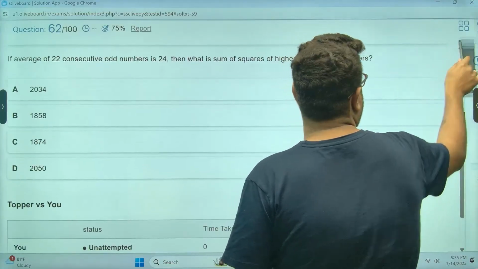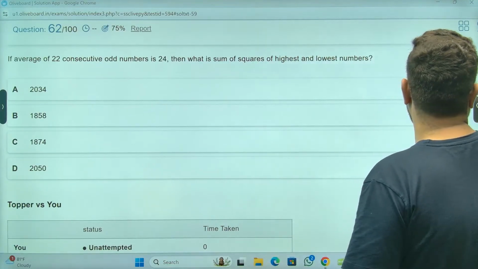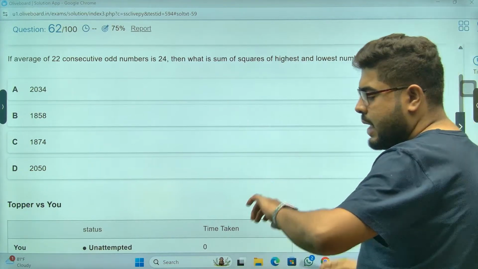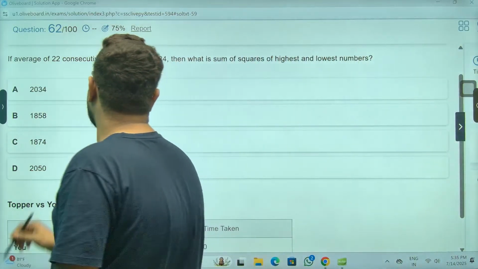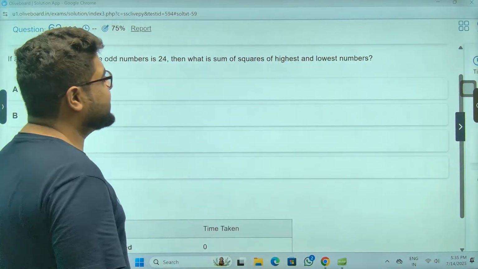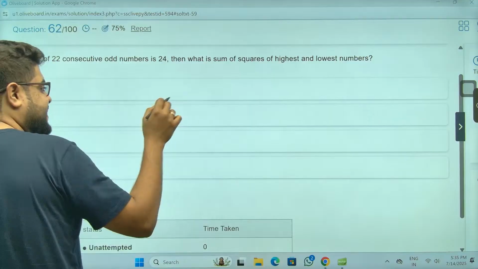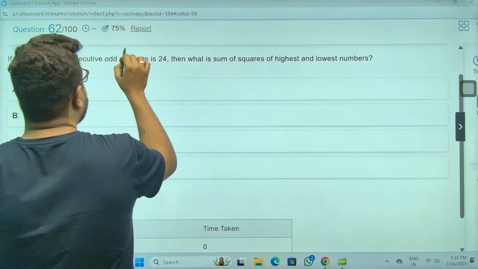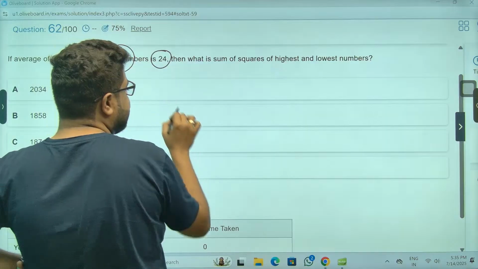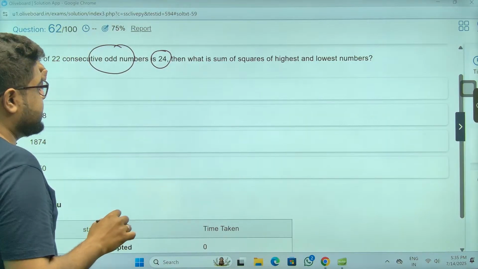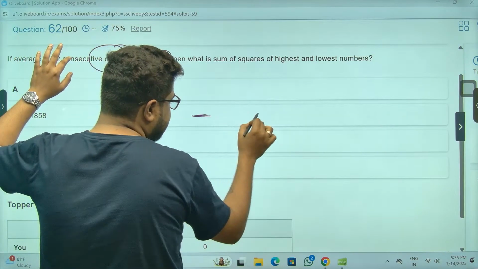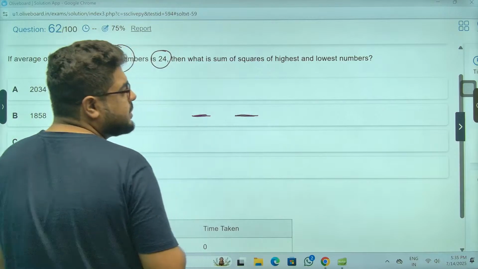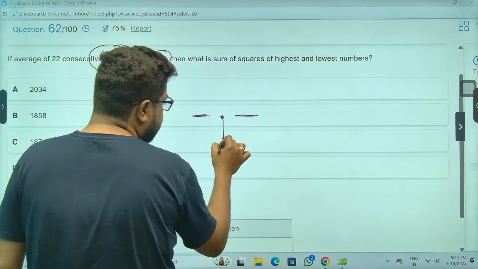Average of next questions. The average of 22 consecutive odd numbers is 24. There are always two ways. If there are 22 consecutive odd numbers and 24 is the average, then the middle value is 24.